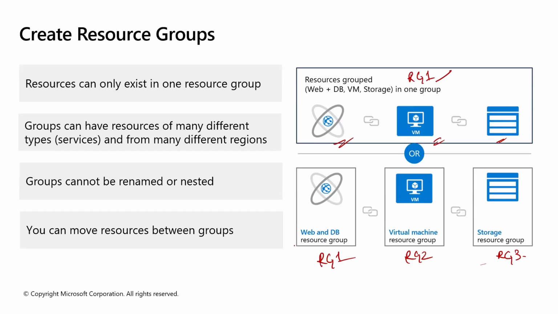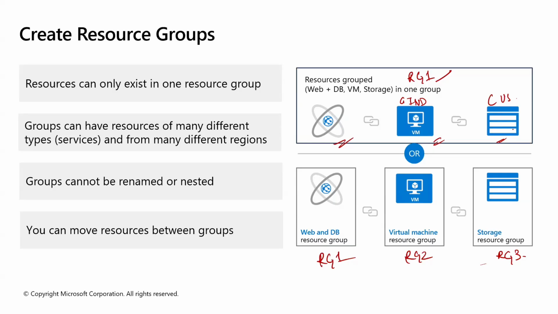Both options are available. What are the few things that we need to know? Let's say this is an app service. Okay, it is a service from Azure. This is your VM, this is your storage account. Now, it can be possible that this VM is hosted in Central India and the storage account is hosted in Central US. Doesn't matter the region of the resource.